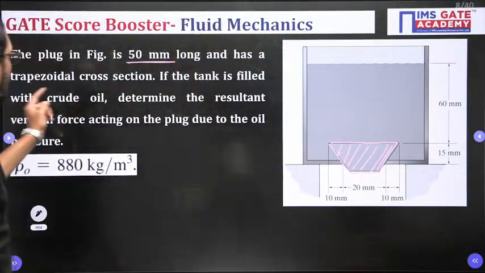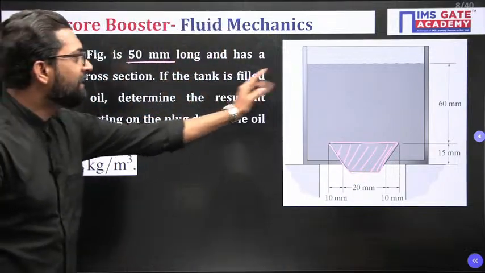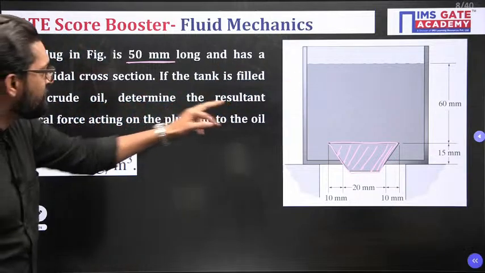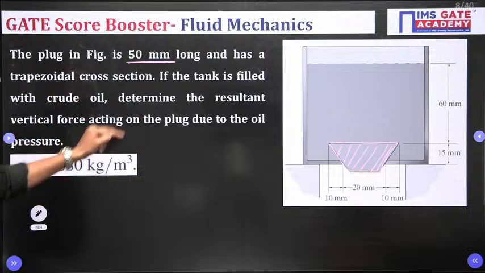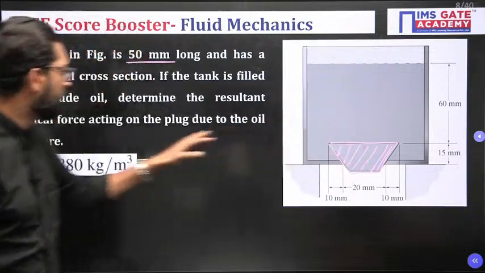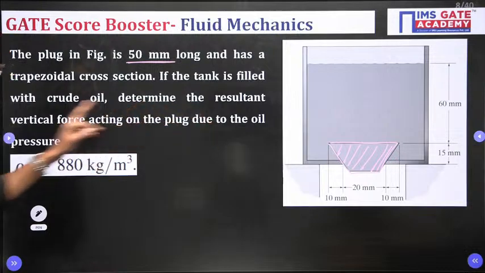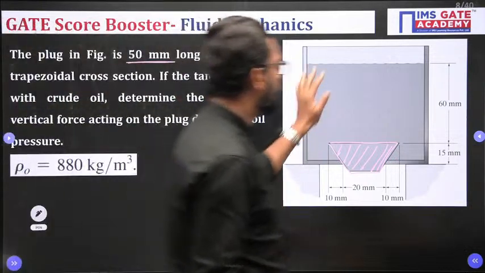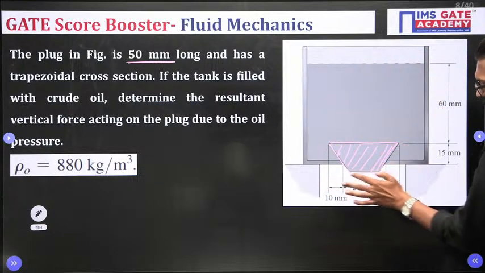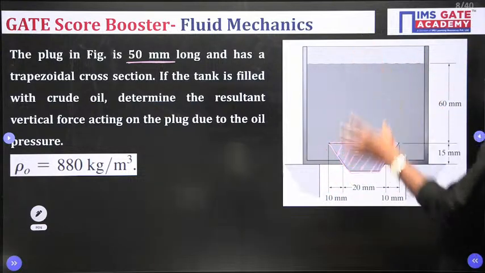If the tank is filled with oil, determine the resultant vertical force acting on the plug. What is the resultant vertical force acting on the plug due to the oil pressure? In this one there is oil, and this is your trapezoidal cross section. So what is the force acting?